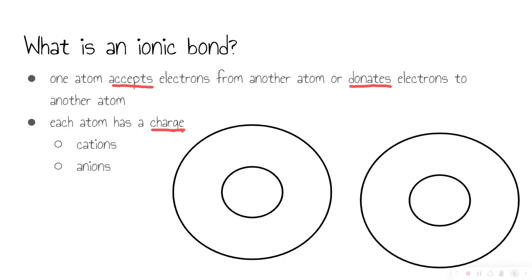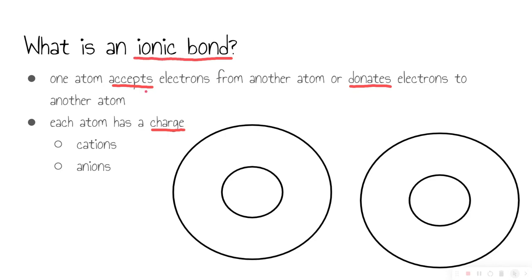The positive and negative charges balance each other out. But if an atom is giving away electrons or is gaining electrons, it is going to have a greater negative charge or a greater positive charge. Opposite charges are going to attract and cause these atoms to stick together, and this is an ionic bond.